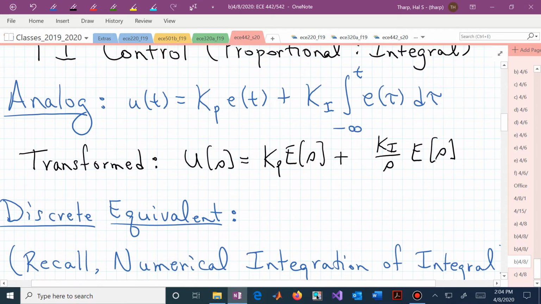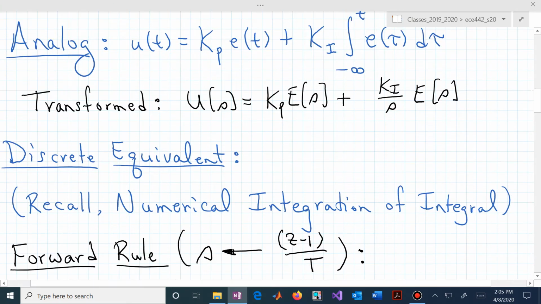Let's now see what that PI controller looks like in a discrete time setting. And we can find that. One way to do that is to say, we just finished up unit 4 on discrete equivalence.